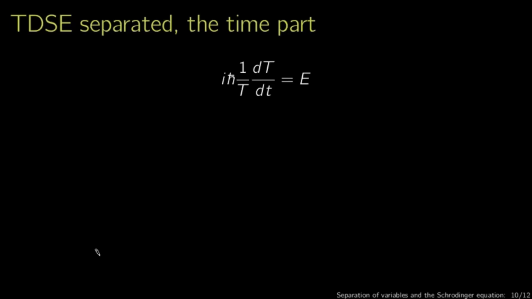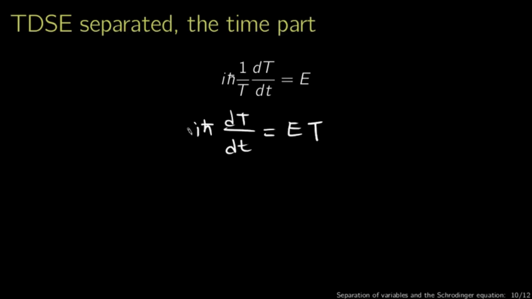The first one, the time part. This we can simplify by multiplying through by big T, as before, and you end up with i h bar dT/dt equals E times T. Taking the derivative of something and getting it back multiplied by a constant, again, should suggest exponentials.